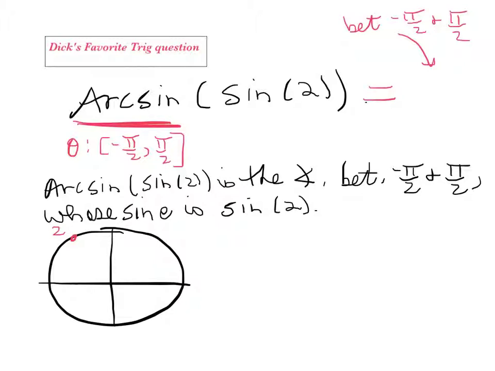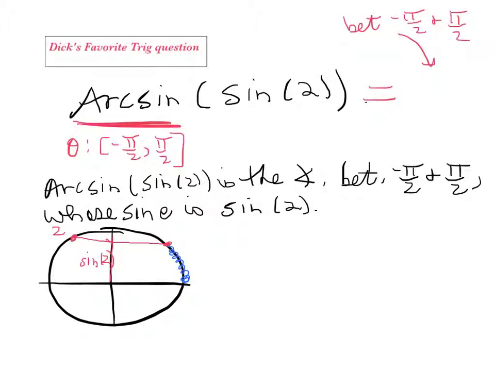So what I can do is simply go over to here. And this length right here is the sine of 2. So if I keep going across, this value here has the same y value. In other words, this y value is sine of 2, this y value is sine of 2. And so what I need is to know what is this length.